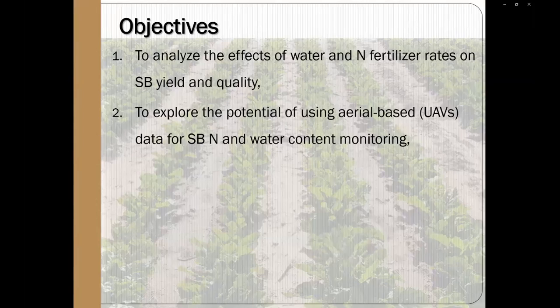Our main objectives were to analyze the effects of water and nitrogen fertilizer rates on sugar beet yield and quality, as well as to explore the potential of using aerial-based, UAV-based data for sugar beet nitrogen and water content monitoring.